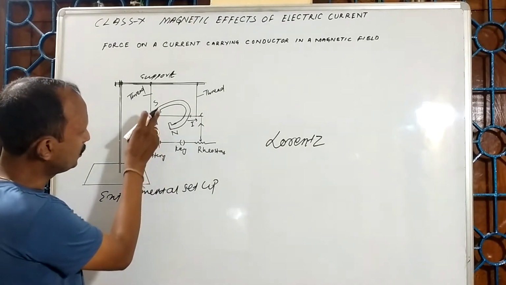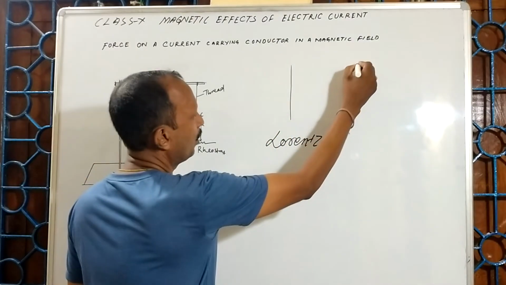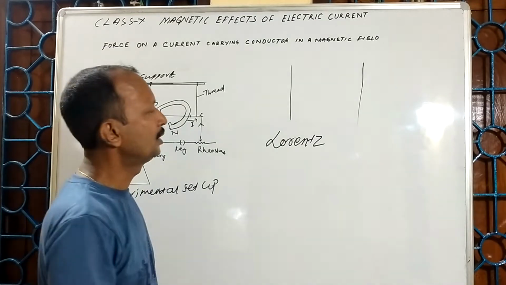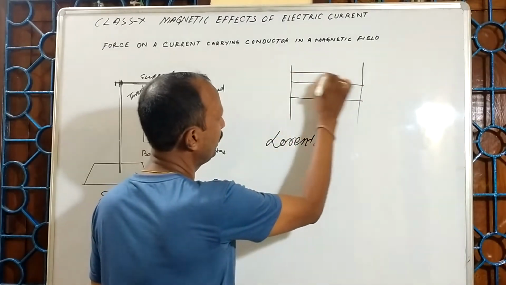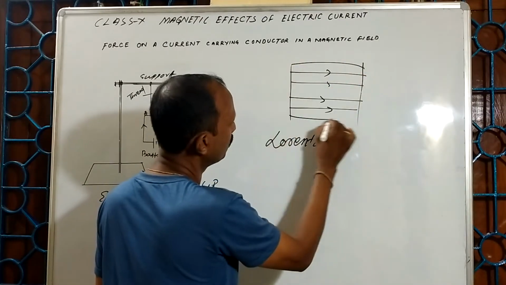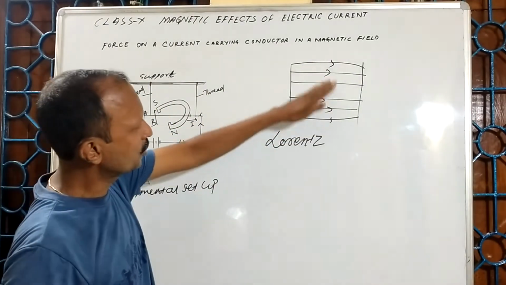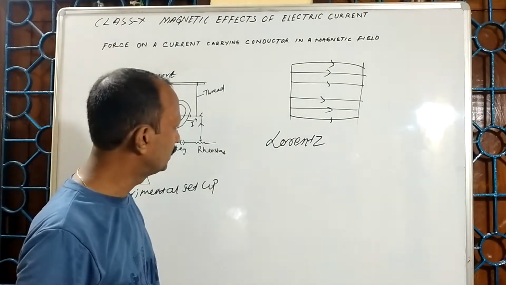This is the north, this is the south. You know that the direction of the magnetic field is from north to south. This is almost uniform as I have drawn. You think of it as a uniform magnetic field.